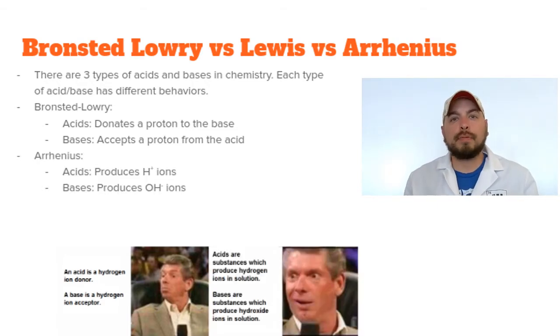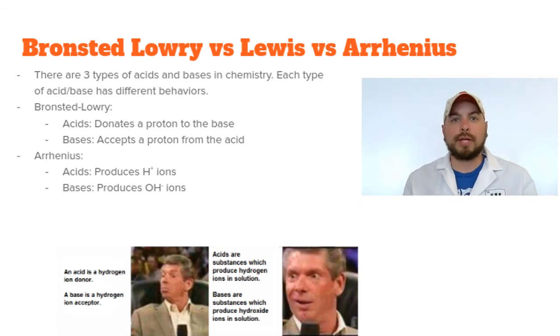The second type of acid and base that we're going to look at is called an Arrhenius acid or base. Now, the key to an Arrhenius acid or base is the understanding that it's not just about protons, but instead about the concentrations of two different ions in a solution. Acids, by their nature, will increase the concentration of H+ in a solution.